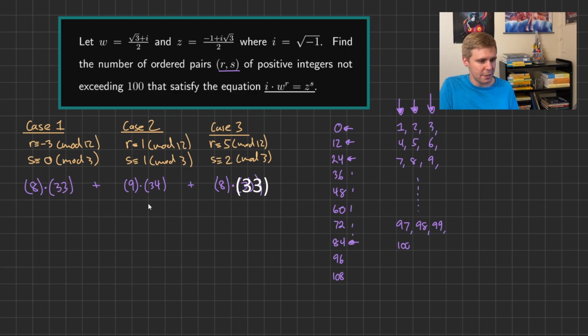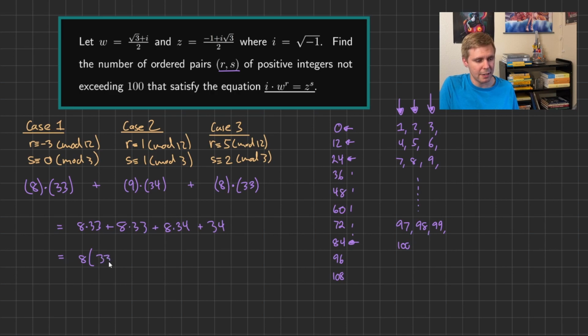And you can just plug this into a calculator, or you can get a little bit clever with how you add this so that you can do it in your head. So we've got 8 times 33 here, plus 8 times 33 over on the end, plus 9 times 34, which is the same thing as 8 times 34 plus 34. So now I can go ahead and factor out the 8s from these first three.